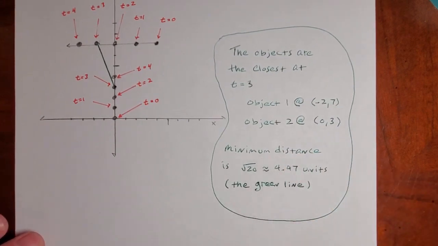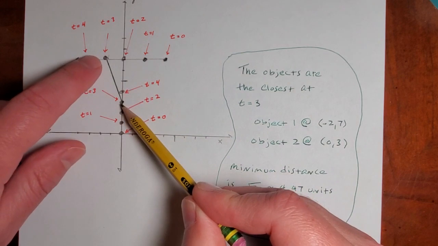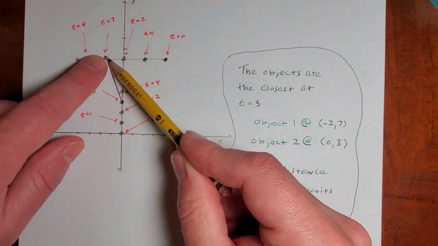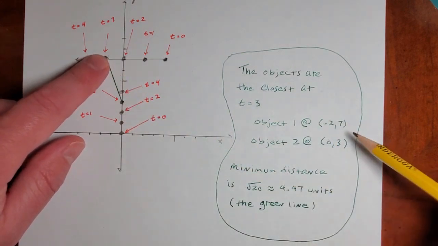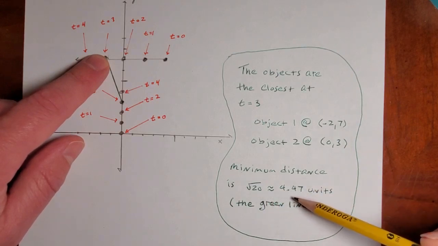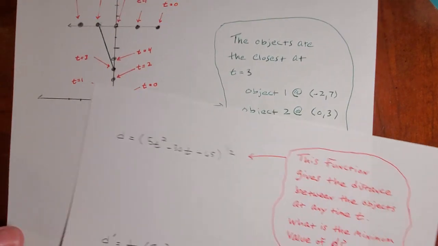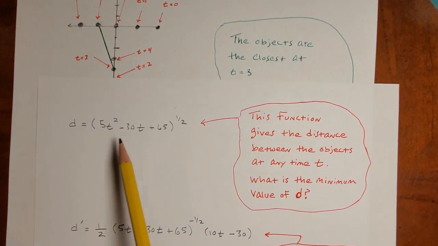And then what's that minimum distance? How close do they get? Well, we could, if you want to, use the distance formula right here to figure out how far apart they are at those points. That's one way to get this number, root 20, which is about 4.47 units apart. If you want to, we could do it other ways. This formula right here gives you the distance at any time.